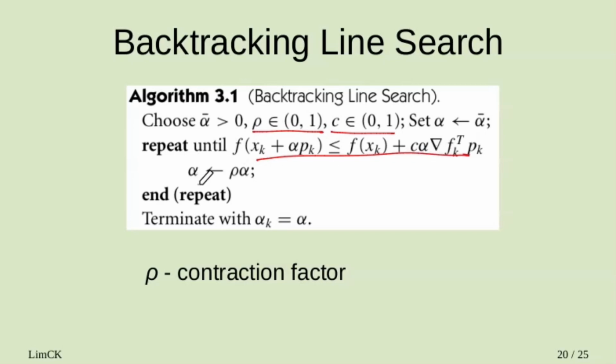If it is fulfilled, then we use the alpha. If not, we multiply the alpha with the contraction factor rho. We keep on doing this until a sufficient condition is achieved, I mean a good alpha is found. Then we stop and use the alpha we found.